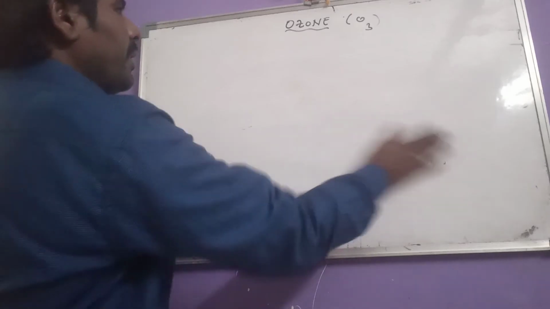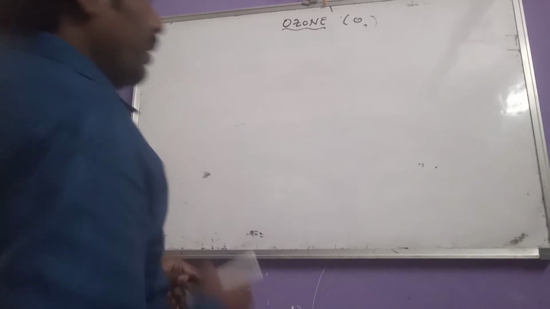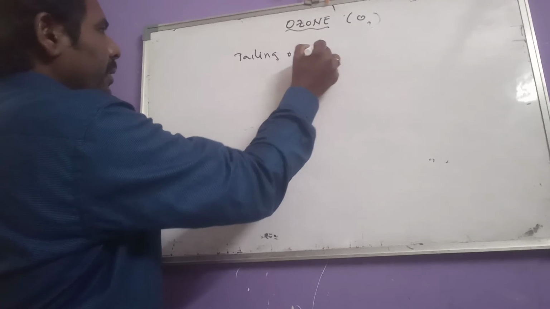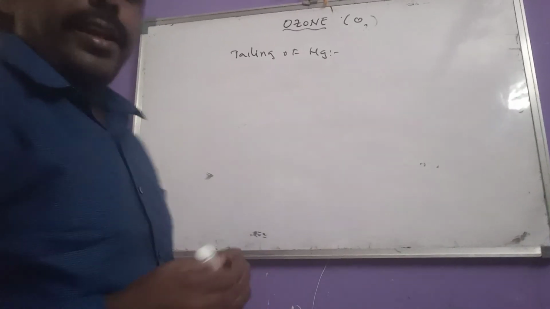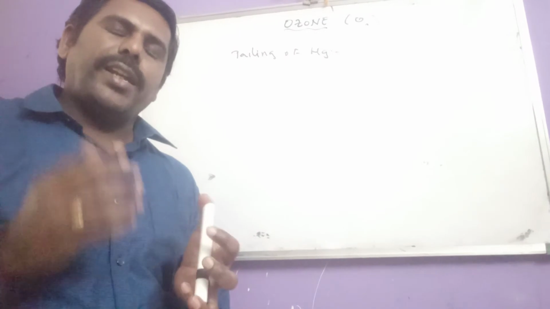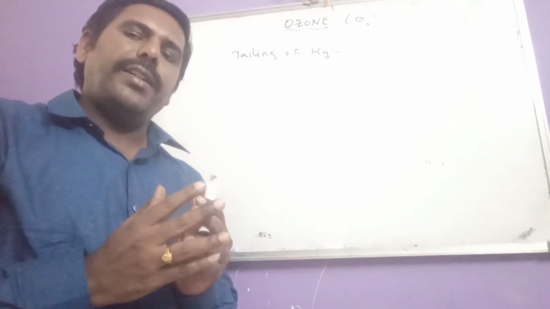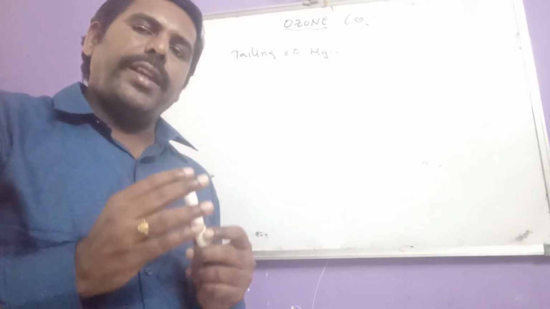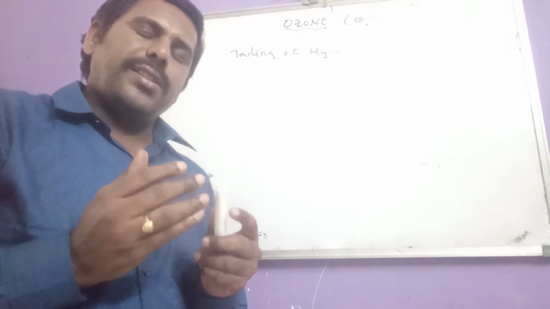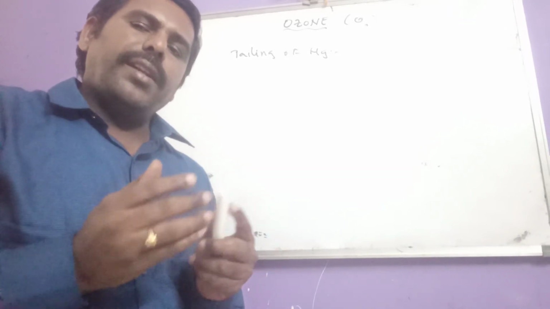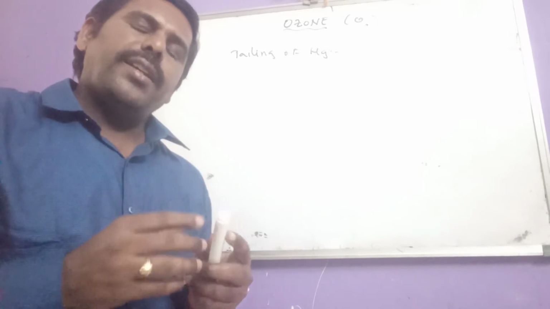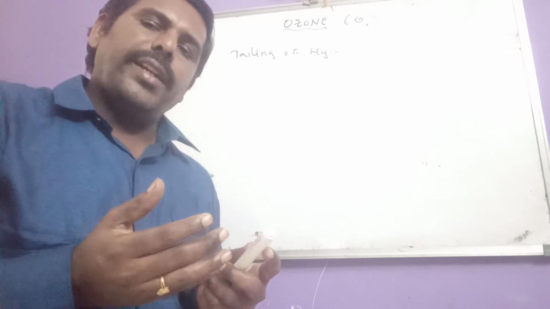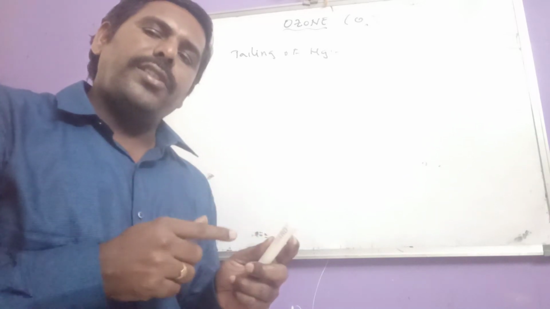Then another important one: tailing of mercury. This is one important question for any examination. Generally mercury is a mobile liquid with a shining, lustrous nature and meniscus. But in presence of ozone, it loses its shining nature and sticks to the walls of the glass tube.